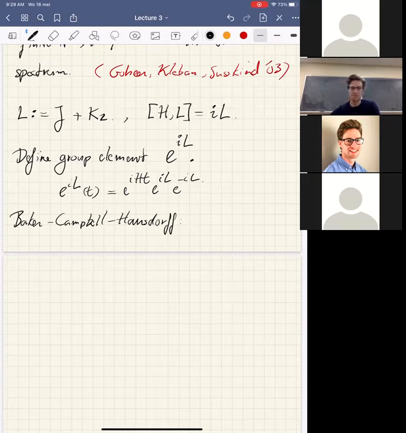What this formula tells you is, let's say that you have a commutator of x and y proportional to some number s times y. Then if we look at e to the x, e to the y, e to the minus x, this can be written in the following way.